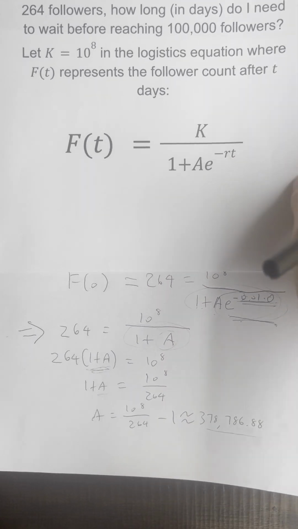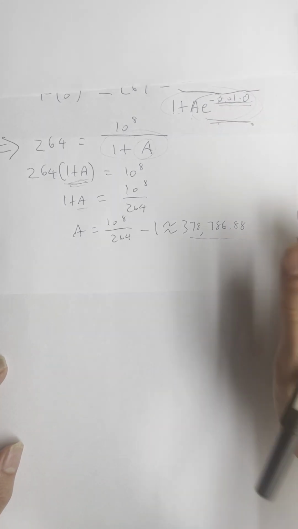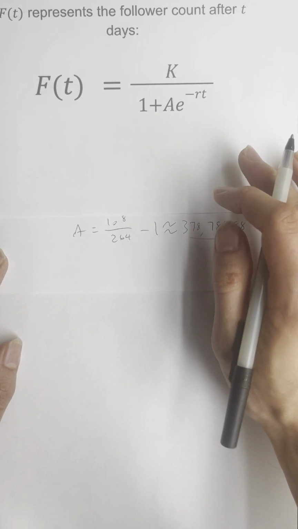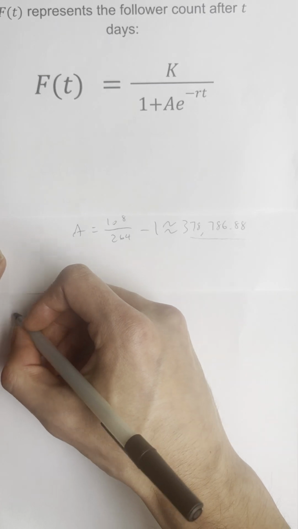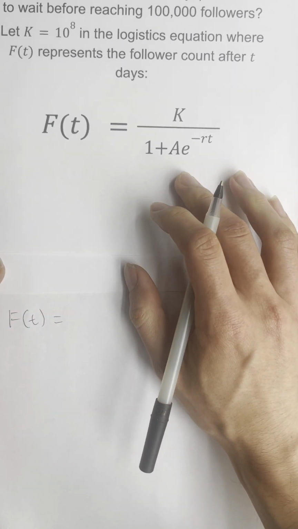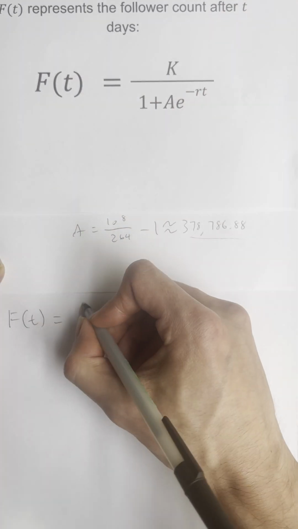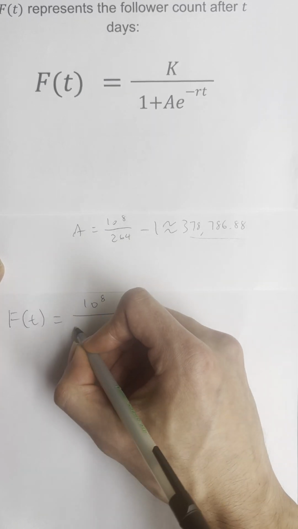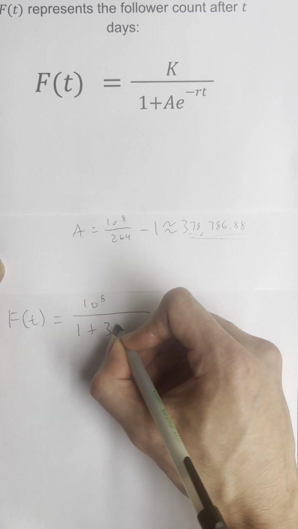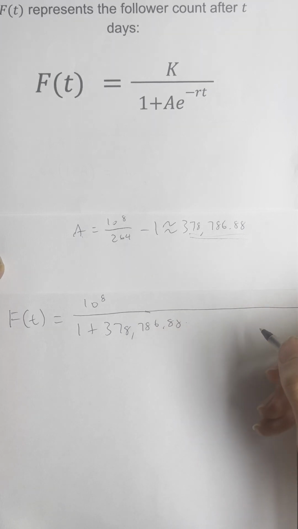So now we can go back to this formula and change a to this value. So I'm going to get another sheet of paper. Okay, so the new formula is going to be f(t) is equal to, well, k was 10 to the power of 8, so we're just going to leave it as is. 10 to the power of 8 over 1 plus, so a is this number, times how much?